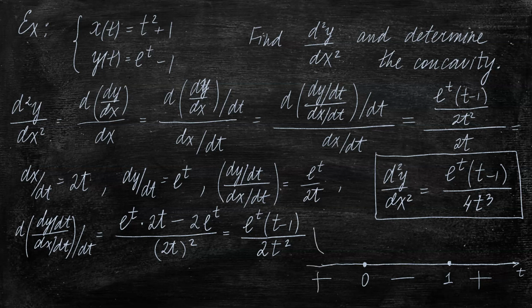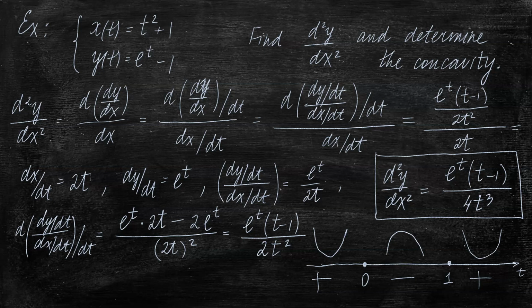So what does that mean? That means for negative values of t, the concavity is positive, or this way. When the second derivative is negative, the concavity is this way. And again, when the function is positive, the second derivative is positive, we have again concavity this way.